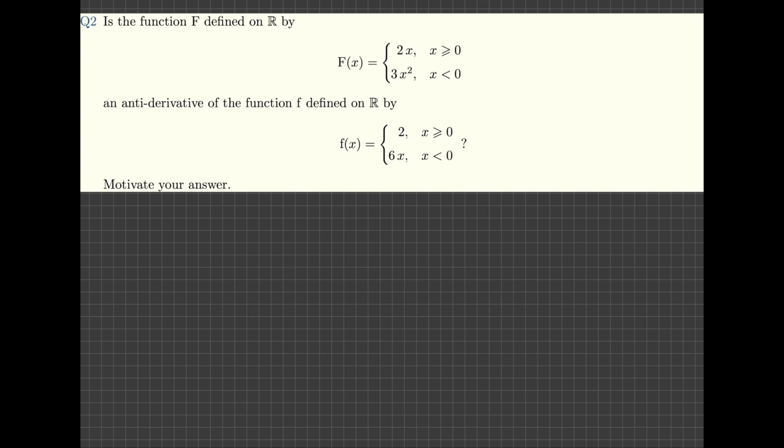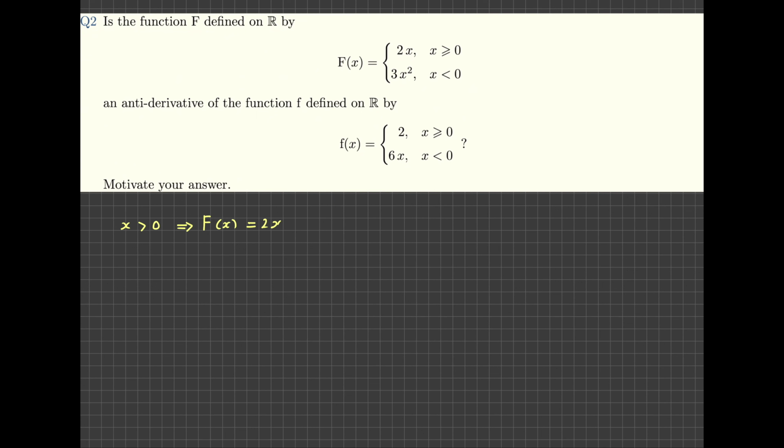Okay, the short answer to this question is no, even though you see that this function is close to being an antiderivative of this function. What do I mean by that? It means that if x is strictly greater than 0, then capital F of x is equal to 2x.